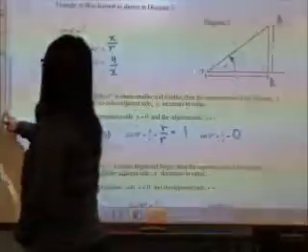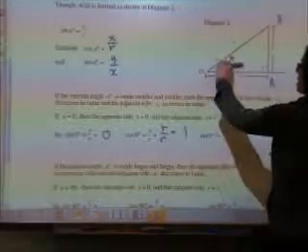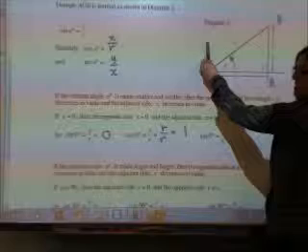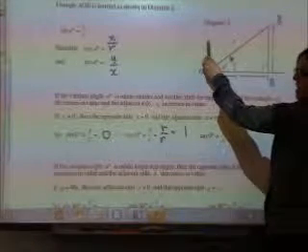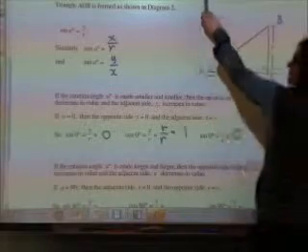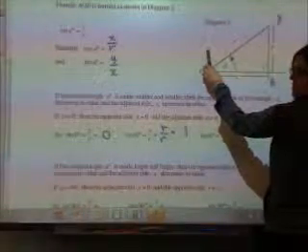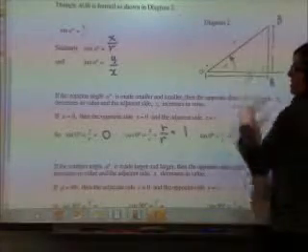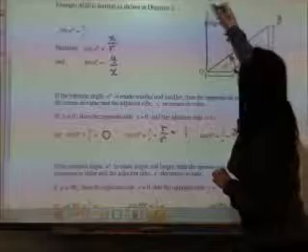Now let's suppose we made this A value larger and larger until we got to 90 degrees. So if we could make my angle 90 degrees, my x value would be equal to what? There would be no x value. Like that would be taking this angle, if I make this 90 degrees.